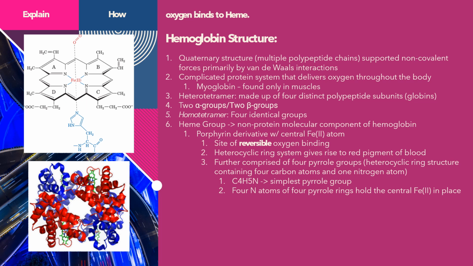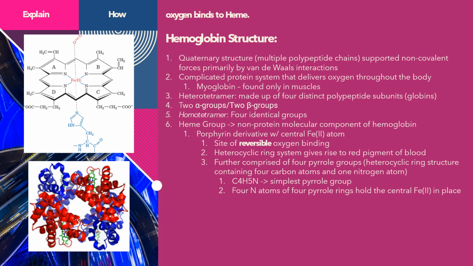And it's the site of big importance, reversible oxygen binding, so that this hemoglobin can receive oxygen and then deposit it wherever it needs to go in the tissues or the capillaries of the body. It's a heterocyclic ring, which is the primary component that gives blood its red pigment, more purple when it's deoxygenated, more red when it's oxygenated, primarily in the arteries versus the veins.